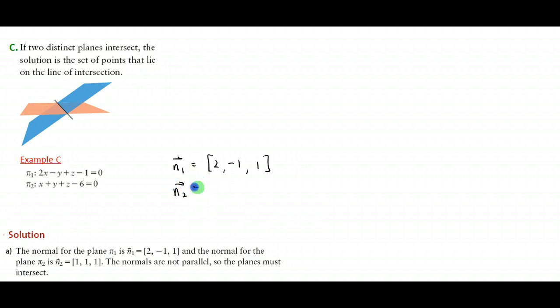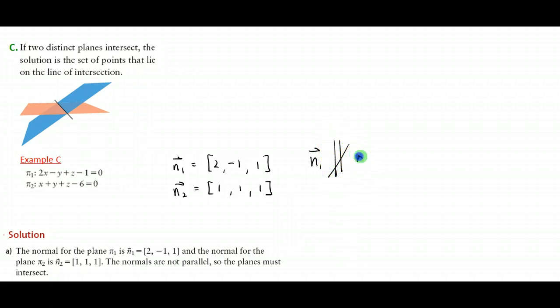Normal vector 2 is equal to 1, 1, 1. And clearly there's no scalar that would work for all three of the components x, y, and z. So moving from 1 to 2, I've multiplied by 2, so I would have to make this a 2 and also make this a 2. So clearly these are not parallel vectors.